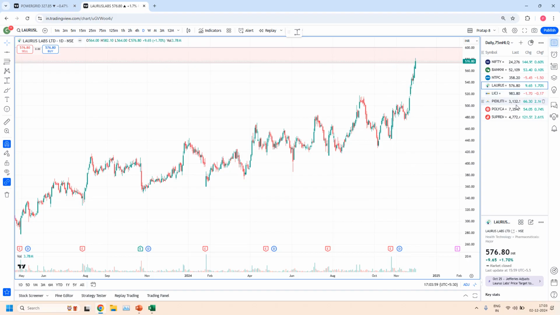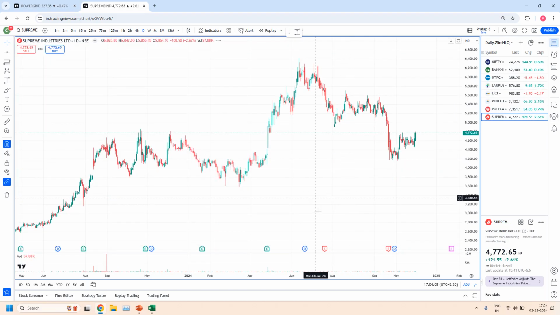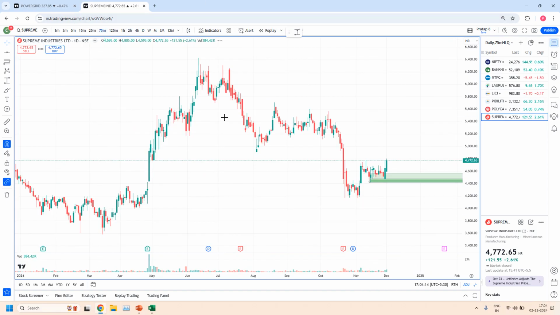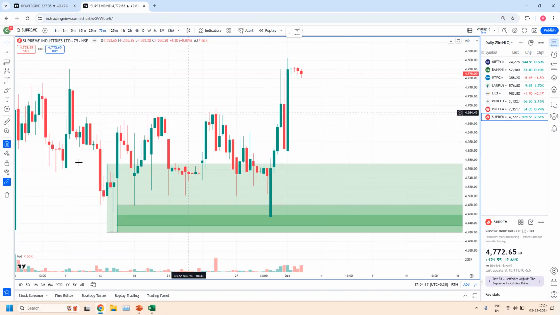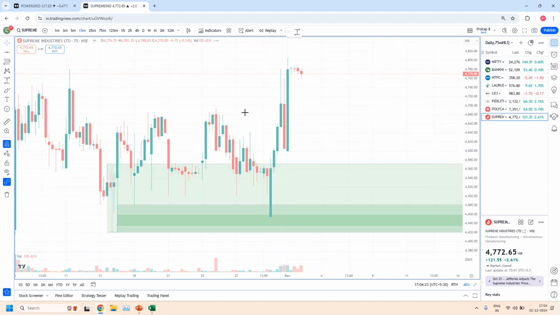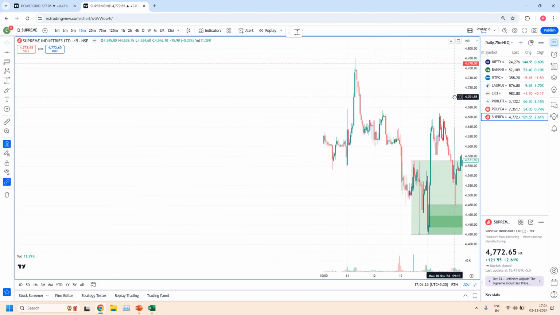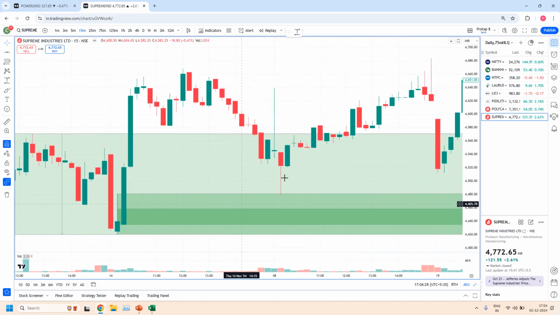LIC we discussed, Pedialyte we discussed, and Polygap we just discussed a few minutes before. And now the last one is Supreme Industries. This is a 75 minutes high liquidity zone. We have a drop, 1, 2, 3, 4 base candles and a rally candle. This zone is fine tuned with the 15 minutes time frame, where you have drop base rally.